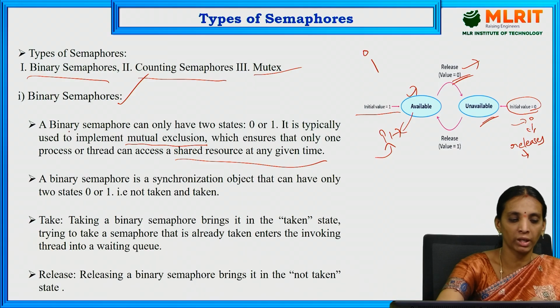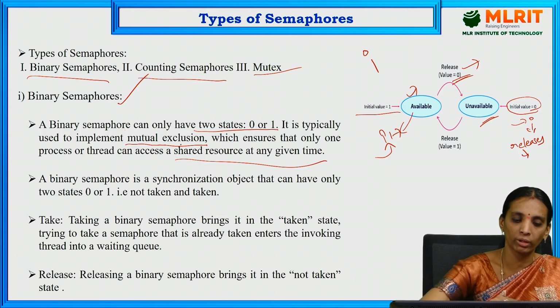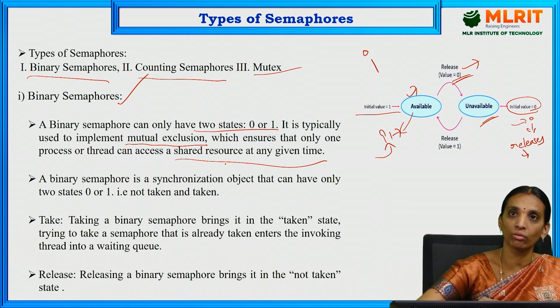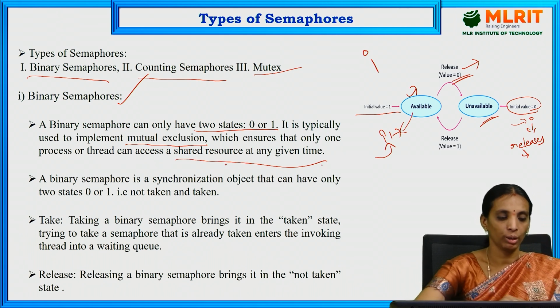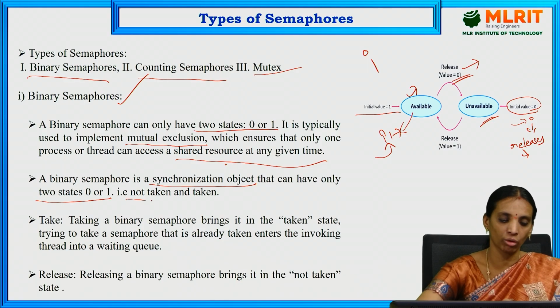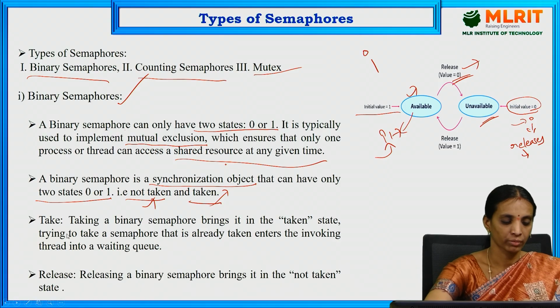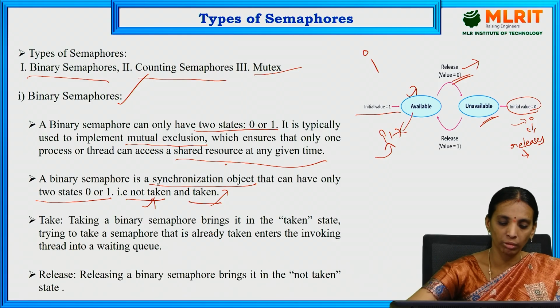The binary semaphore can only have two states, 0 and 1. It is used for implementing mutual exclusion when accessing the shared resource at any given time. A binary semaphore is a synchronization object that has only two states: not taken and taken. Not taken means the resource is available, taken means the resource is not available. Take means taking the binary semaphore.